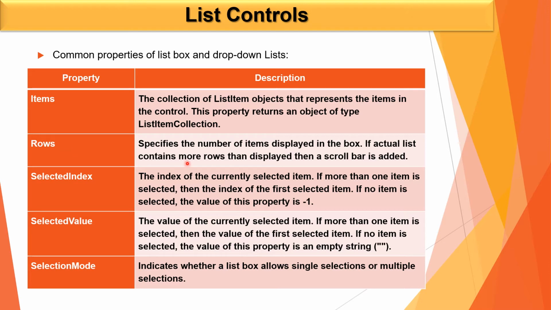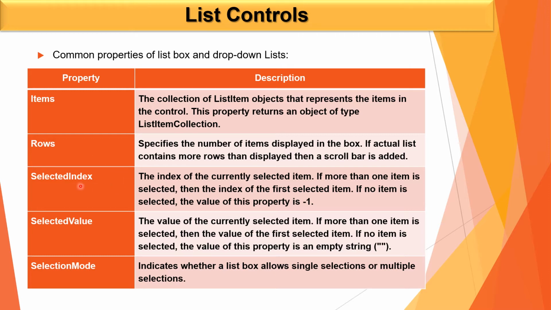The next is Rows. You can specify the number of items displayed in the box. If the actual list contains more rows than displayed, then a scroll bar will be added. So if our item list has more items than the number displayed, it will show a scroll bar on the right hand side of that control.